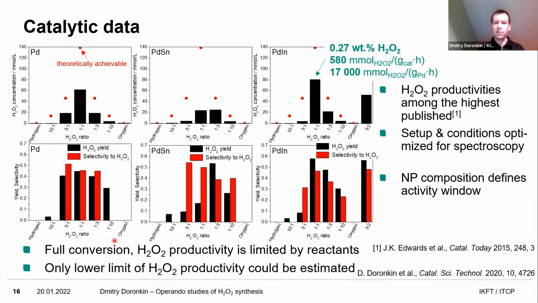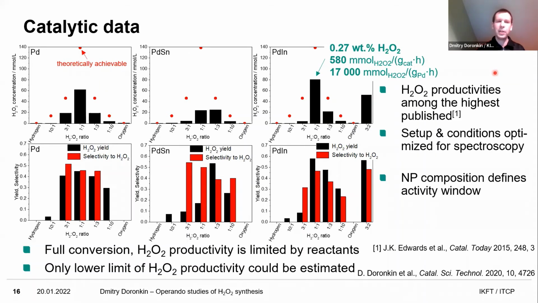It reacts faster than we can supply it. In this case, it means that the kinetic data is not very usable, but it represents only the lower limit of actual productivity of our catalysts. And that lower limit is actually quite high, so it's among the highest published. So from a chemical point of view, we are happy.